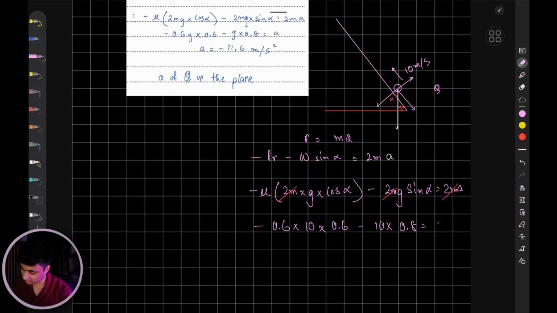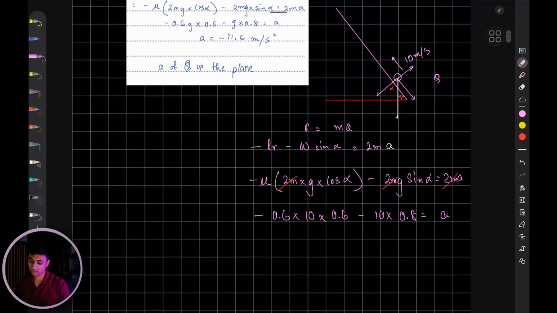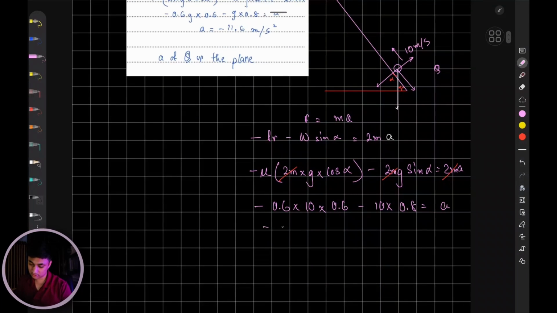So 0.8 is going to be acceleration. Now if you calculate this out, minus 3.6 minus 8, it's going to be minus 11.6, right? Okay. So this is your acceleration value. Acceleration will be minus 11.6 meters per second squared.